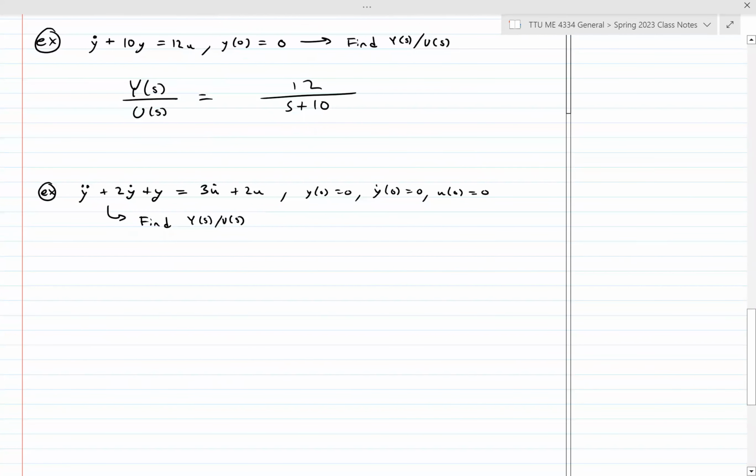We would still have the same approach. Take the Laplace transform of y double dot plus 2y dot plus y is equal to 3 u dot plus 2u. I already said that our initial conditions and our input at the beginning are all 0. So we just do a Laplace transform for each one of these elements individually.